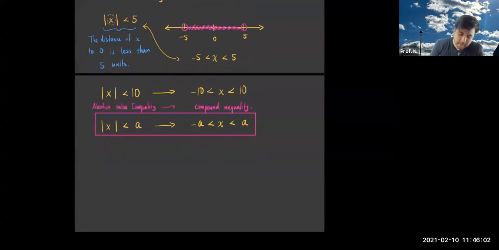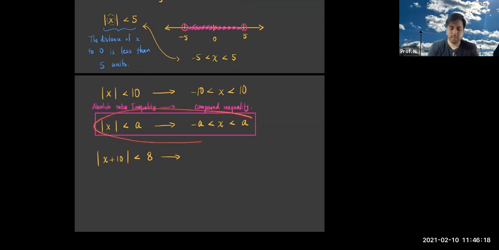And for example, if I have something like this, the absolute value of x plus 10 is less than 8, what would be the corresponding compound inequality? How do you think this would look, knowing this?